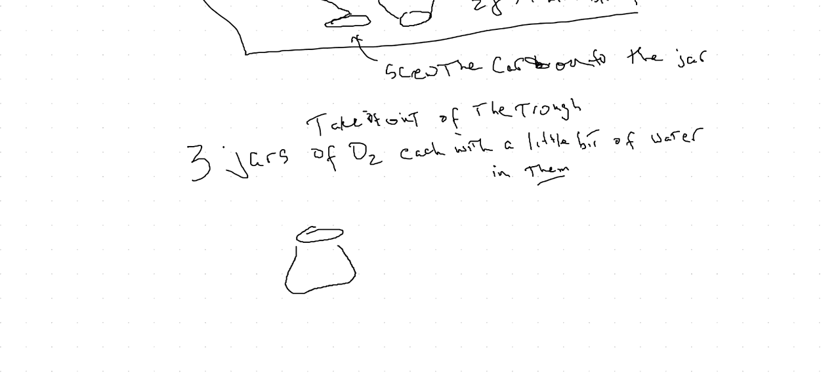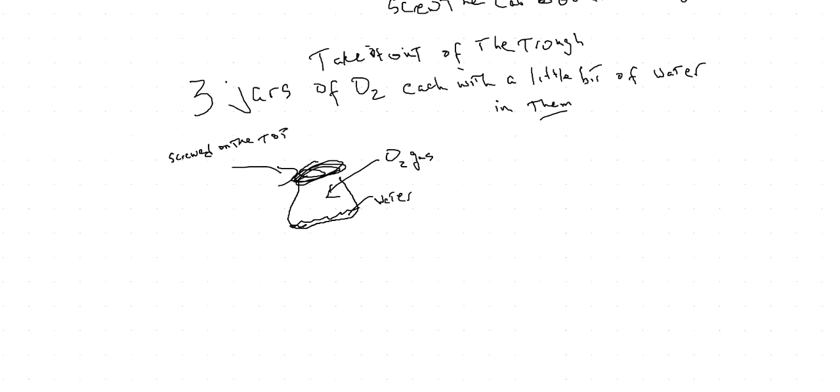There's a little bit of water. We can't see it, but there's O2 gas in there, and here we screwed on the top. So we each have 3 jars like this, and now we're ready to test our hypothesis.